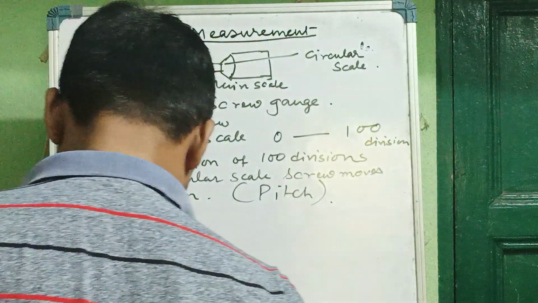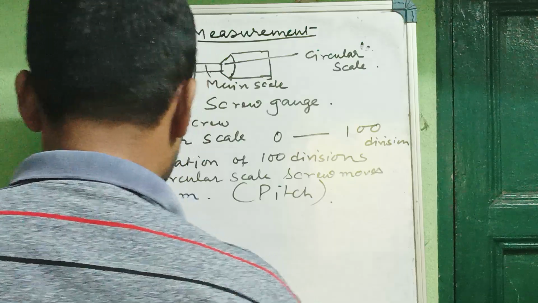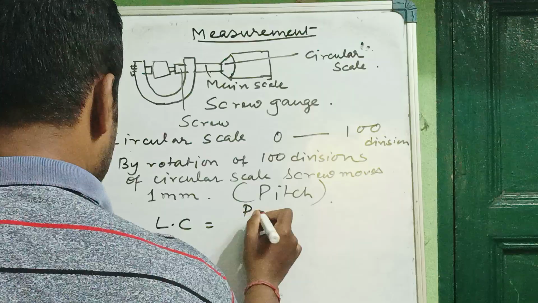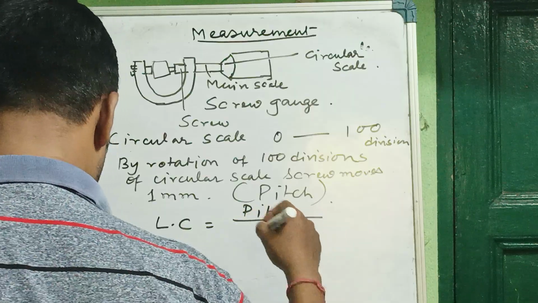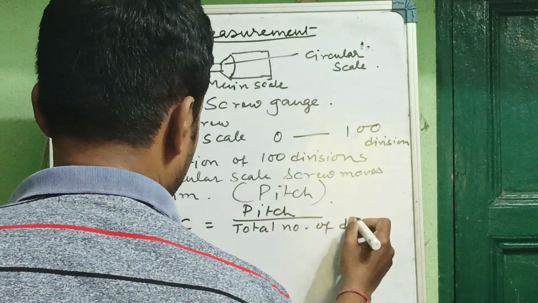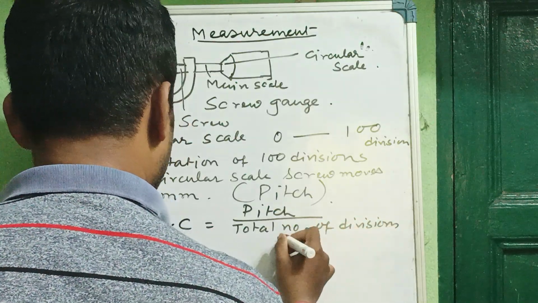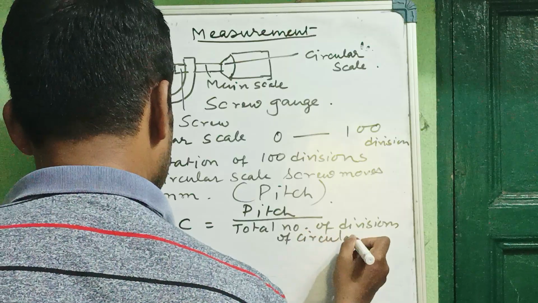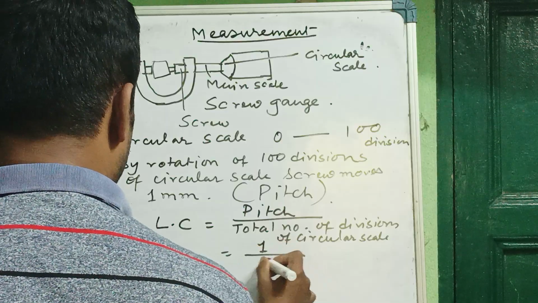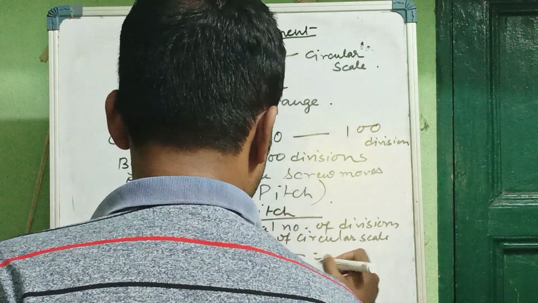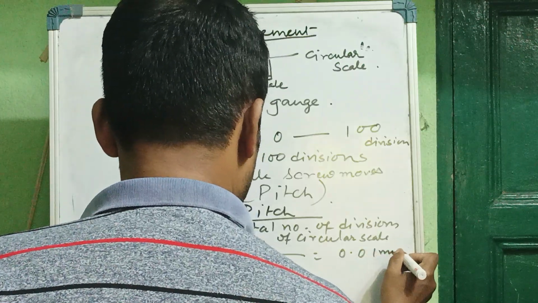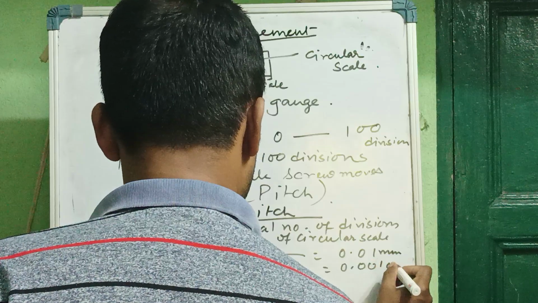So the least count of the screw gauge is the pitch divided by the total number of divisions of the circular scale. The pitch is 1 millimeter and the total number of divisions is 100, so 1 by 100, that is 0.01 millimeter, or 0.001 centimeter.